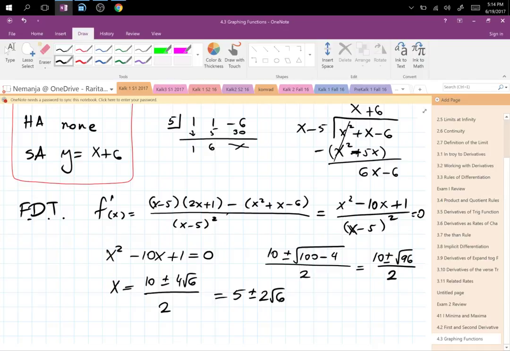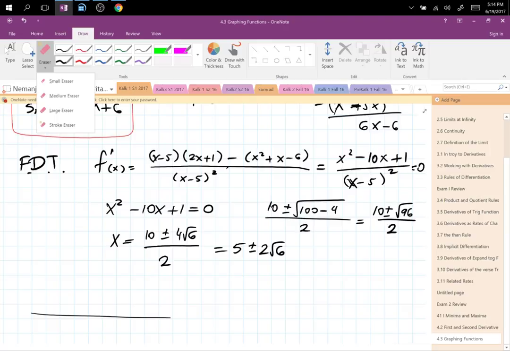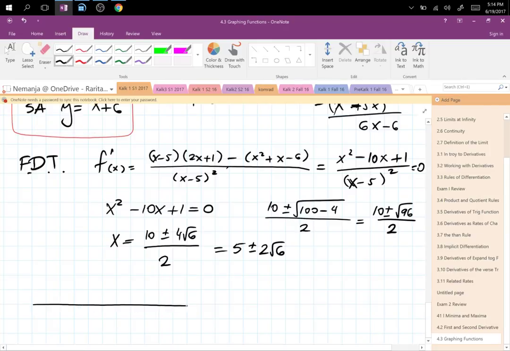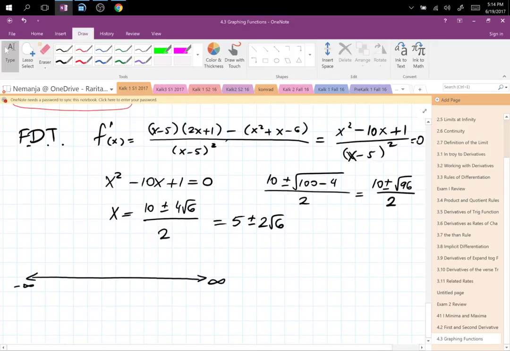So now we have our x values. This is where the partition happened. The first derivative test, right? So what do I have? I have a line, from negative infinity to positive infinity. I have a vertical asymptote partition at 5.